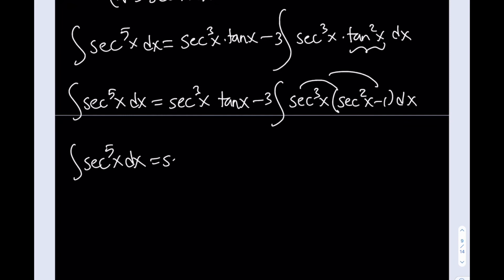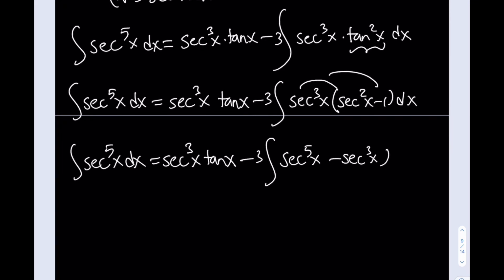And that should give me what? Secant cubed x tangent x. Now, inside the integral, I'll get secant to the 5th power minus secant cubed x dx. Beautiful. Then I'm going to go ahead and distribute the 3 and separate this into 2 integrals.